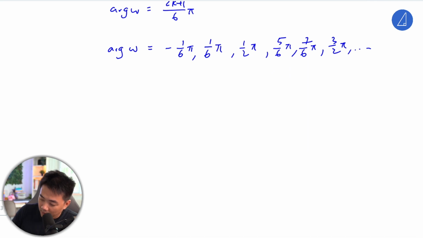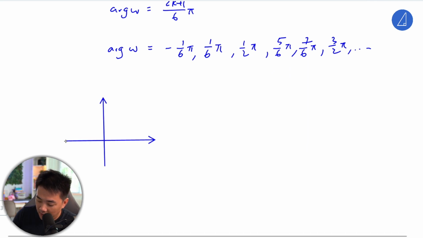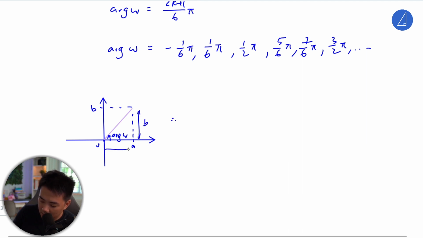Then if you think about it, for a plus bi, right? This is a plus bi, a positive value, b could be negative as well. So this will be argument of w. Okay, here. So we know that this guy will be b, if this is w, right? w is a plus bi. This is my a.